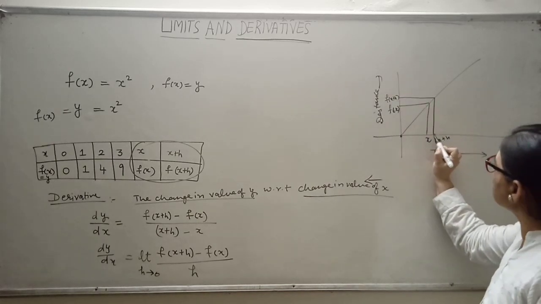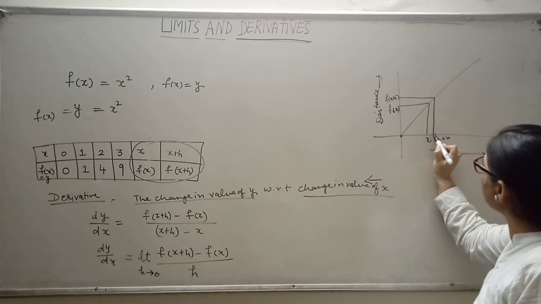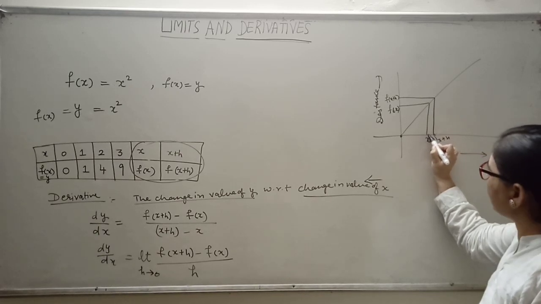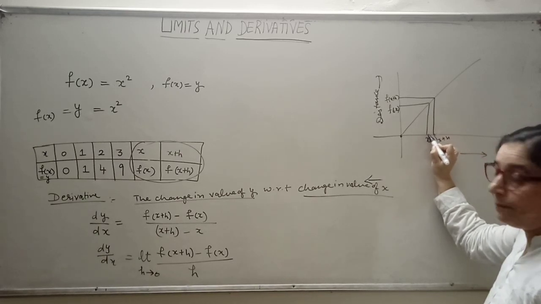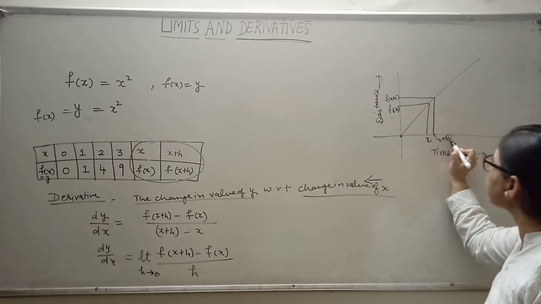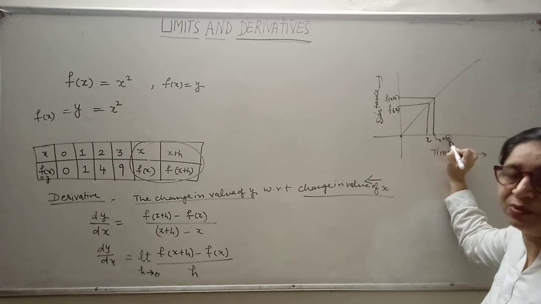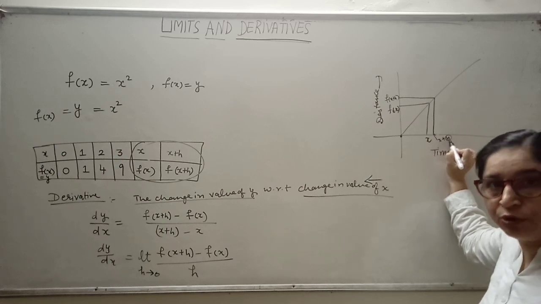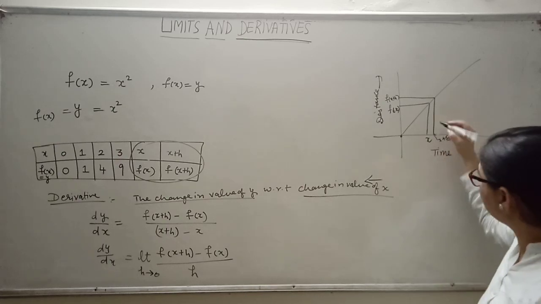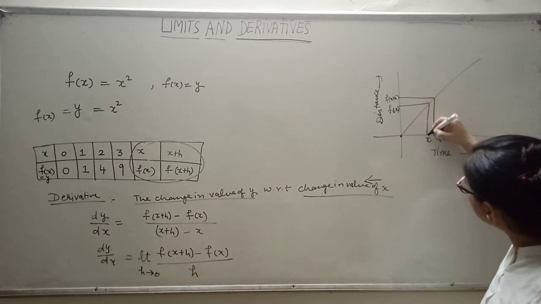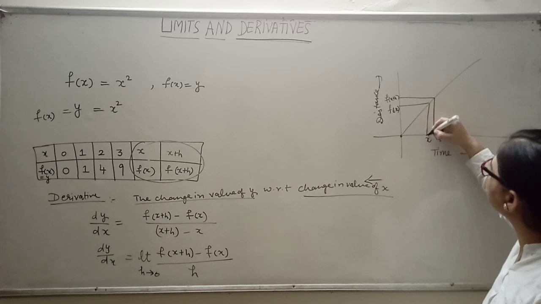But when this x plus h comes very close to x, when the value of h will be very small, negligible, approximately equal to 0 but not exactly equal to 0, at that time x and x plus h will be very close to each other.